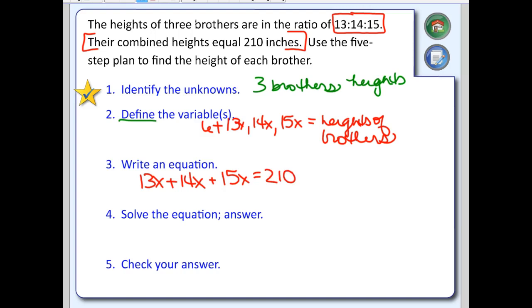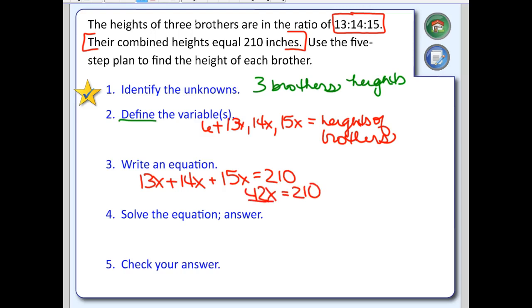So that's our equation. Now, how do we solve the equation? Yeah, did you see we've got a lot of like terms to combine. If you add all those up, we're going to get 42x equals 210.